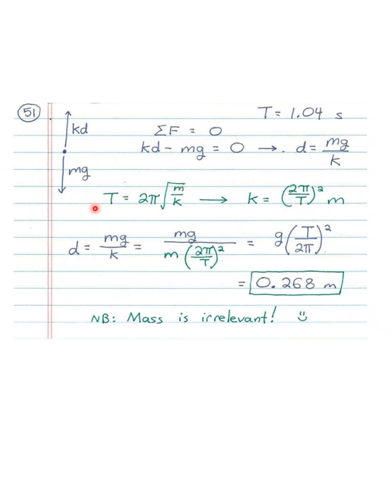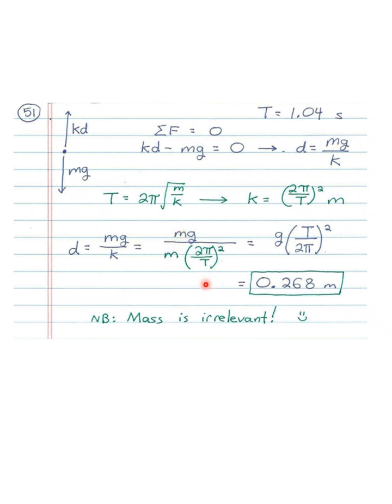So now come down here, d equals mg over k, and let's plug in the expression for k. k is m times the square of 2 pi over T. And so we've got this big fraction here, mg over m times the square of 2 pi over T. Let's clean this up. And what we can do is get rid of m, it divides out. It's both in the numerator and the denominator.